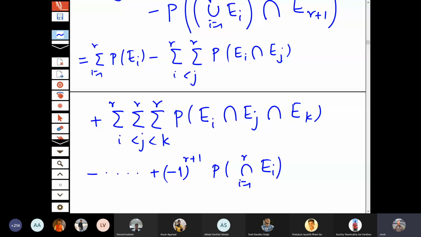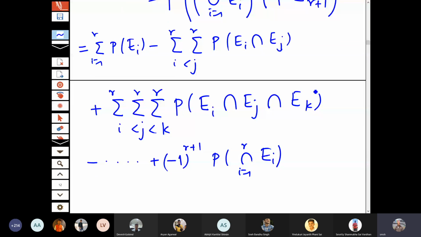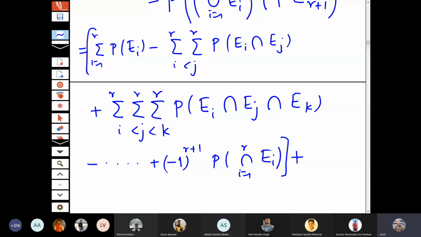Now I have the remaining terms, that is plus probability of E r plus 1, and there is one more term, that is this part: union Ei, i equals 1 to r, intersection E r plus 1.